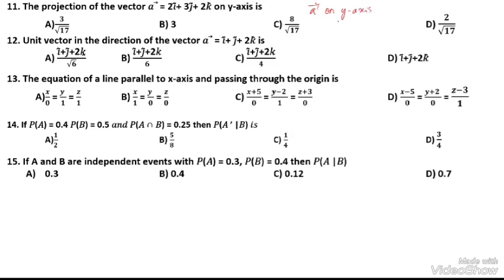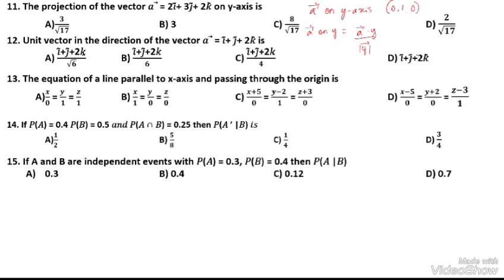We already know that for the y-axis, x will be 0, y is 1 and z is 0. It means the projection is vector A dot y divided by the magnitude of y.